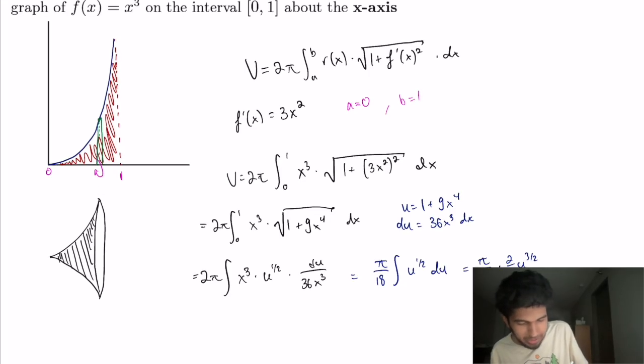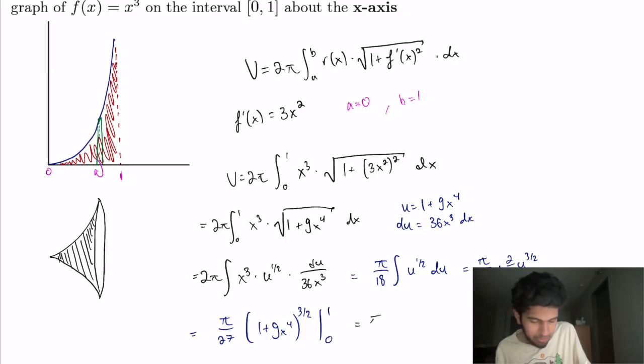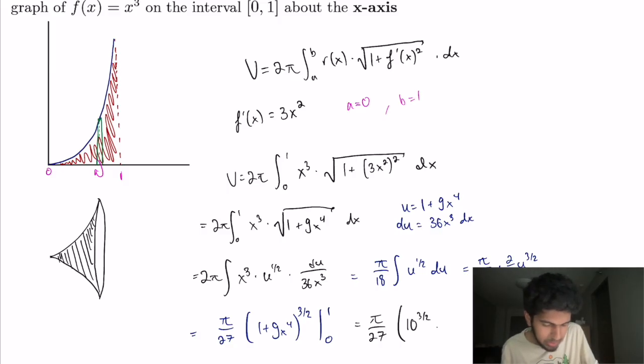And then we can substitute back in for u. So this is pi over 27 times 1 plus 9x to the 4th to the 3/2, evaluated from x equals 1 down to 0, and then do our plugging in and subtracting, and we get pi over 27 times 10 to the 3/2 minus 1 to the 3/2, which is approximately equal to 3.563.